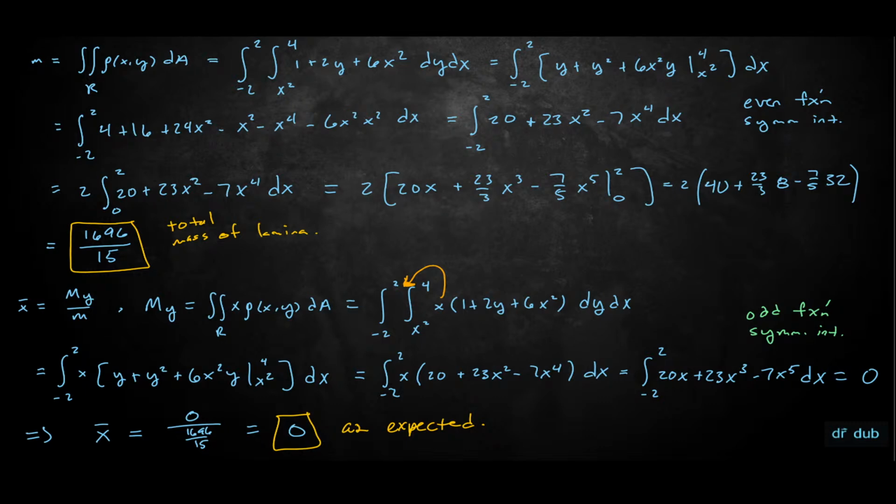So if you're saying the moment about the y-axis, you're basically thinking, okay, how is it distributed along the x direction, because I want to look at the y-axis. Same thing if you want to think about it distributed about the x-axis, you have to look at the y direction, because the x-axis splits the y direction into two pieces. So you could think of it almost like rotation, but it's not the moment of inertia. We'll get that in a minute.